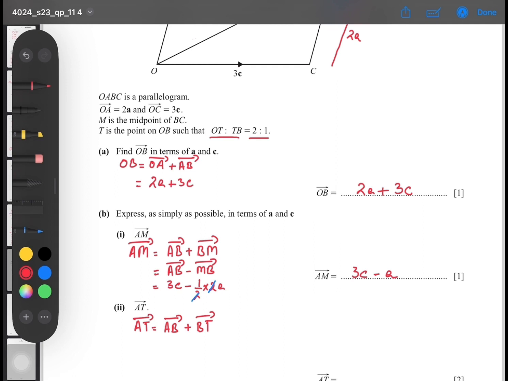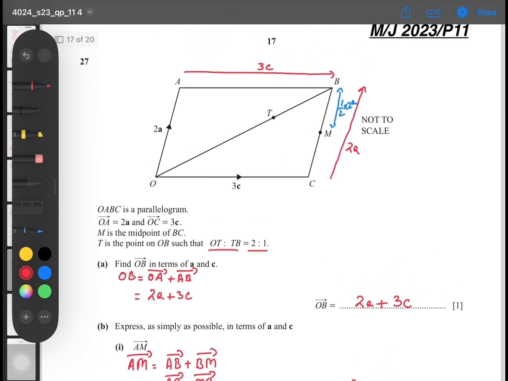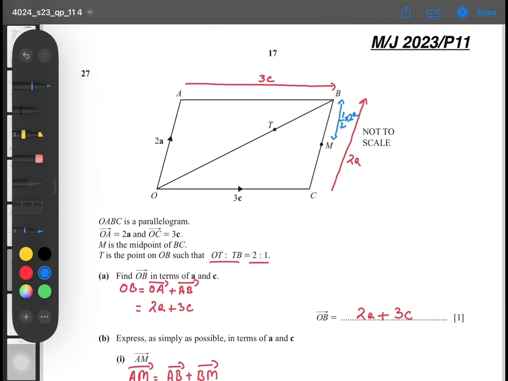Again, BT is in opposite direction, so I will change BT into minus TB. So we know that OT ratio TB is 2 ratio 1, OT is in 2 parts and TB is in 1 part. So if I talk about the fraction, this shows 2 over 3 fraction and this shows 1 over 3.